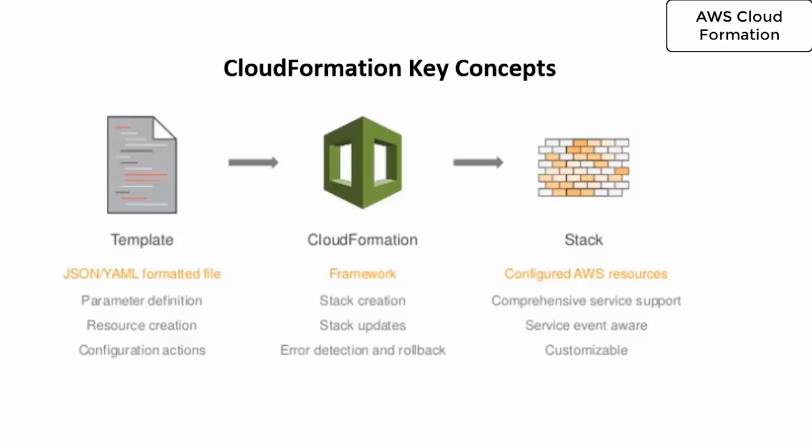So let's do it like the whole bunch of resources should be deployed at once. And if something fails, let all be deleted, fix the issue, and then redeploy. So this will give a very robust infrastructure implementation.